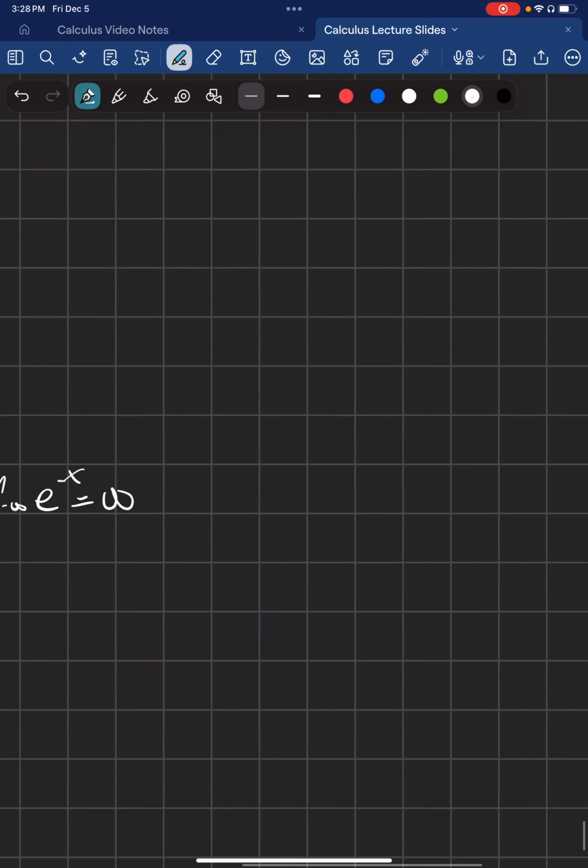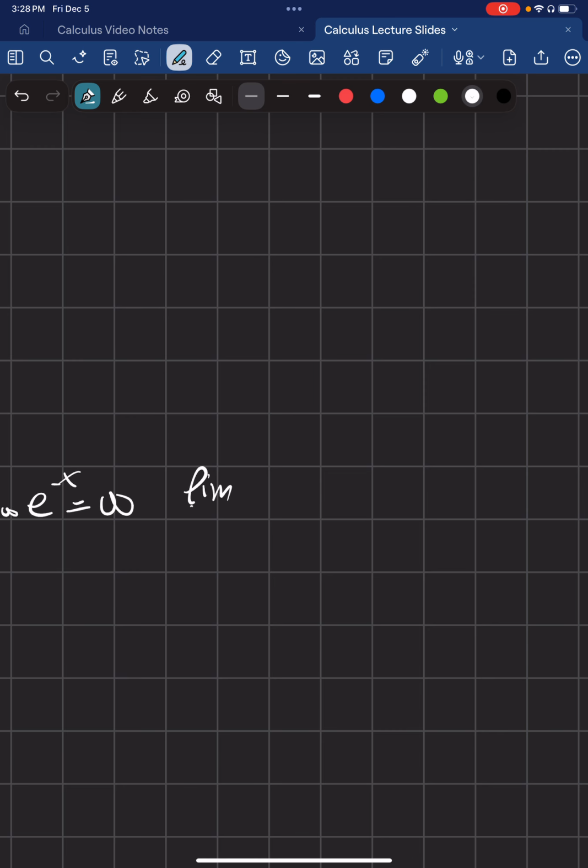Then if you take the limit as x approaches negative infinity of e to the x, you're going to get 0.